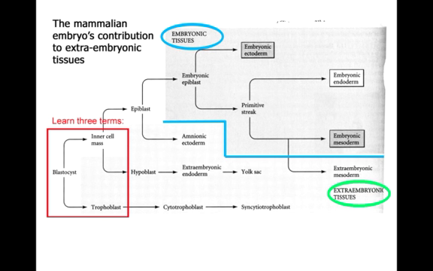We want to learn those terms because they are players in some of the story of how mammalian embryogenesis is different. The mammalian egg is tiny. It doesn't have any yolk, and it doesn't have any of those building blocks like amino acids and nucleotides, because it's going to implant in the uterine wall.